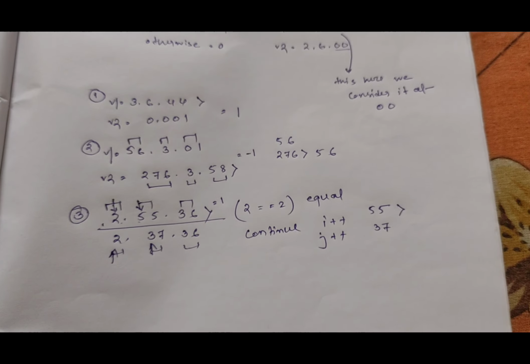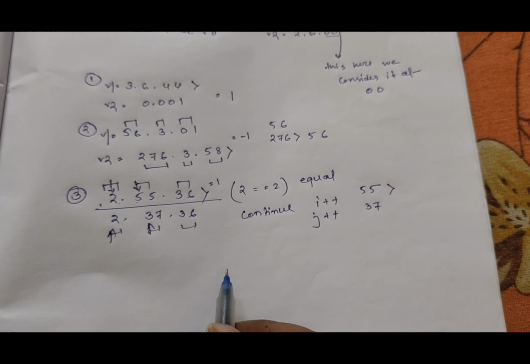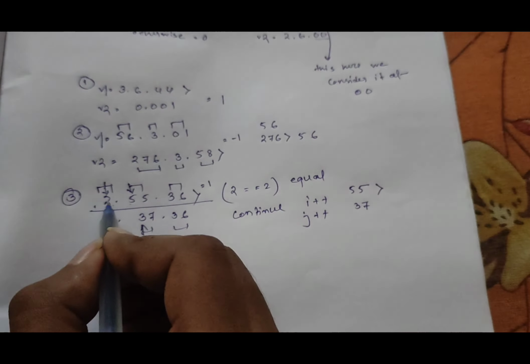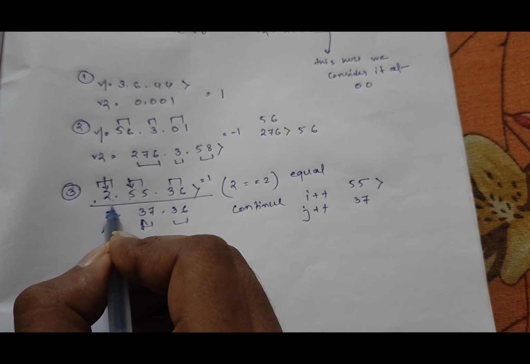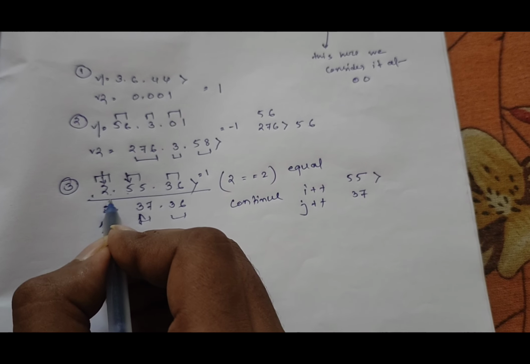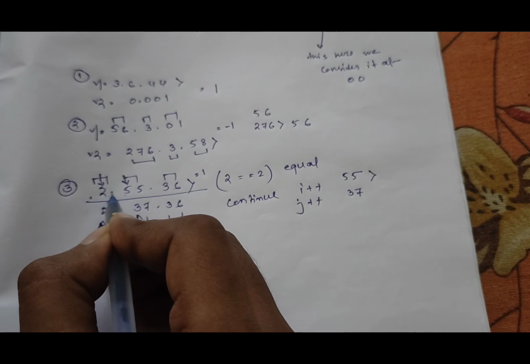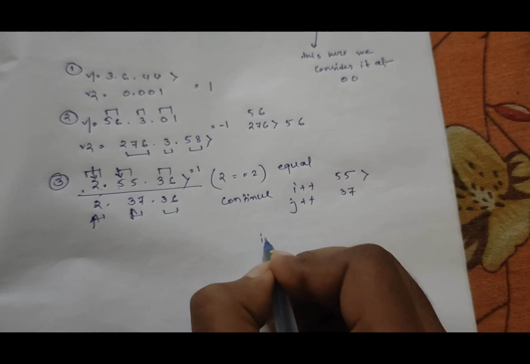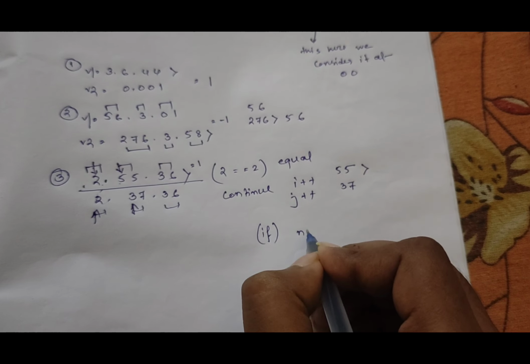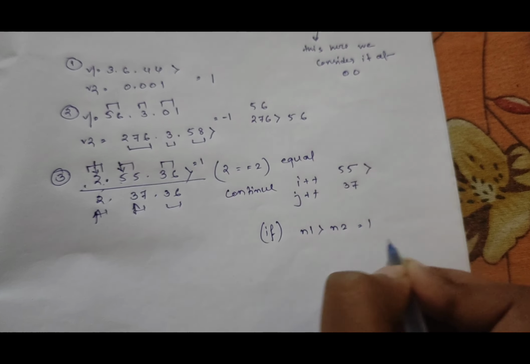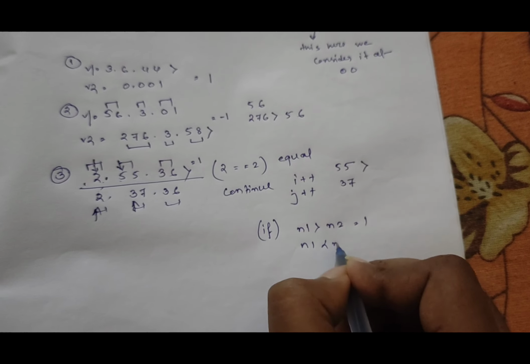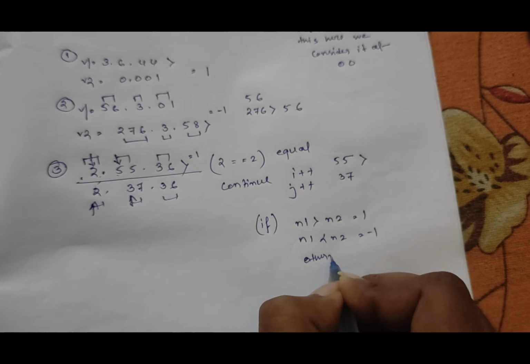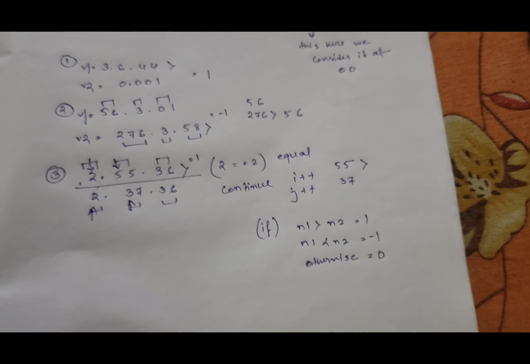So what we learn about the question is that we traverse both strings, and every time we find the revisions until the dot comes, and we check: if n1 is greater than n2, then return 1, if n1 is less than n2, then return -1, and otherwise return 0.